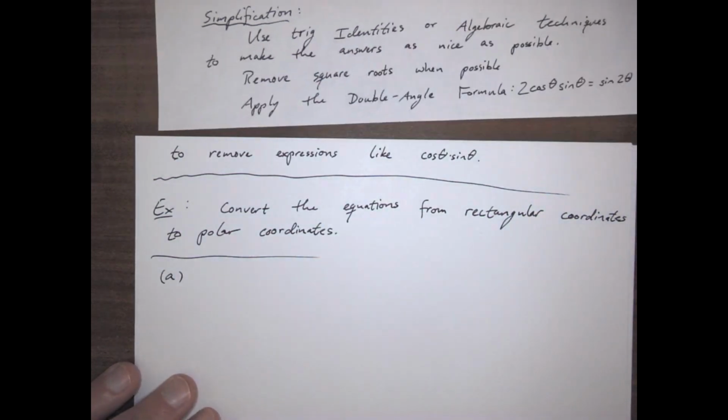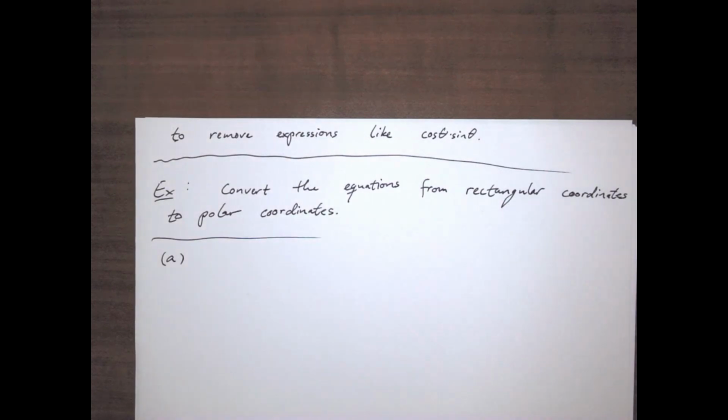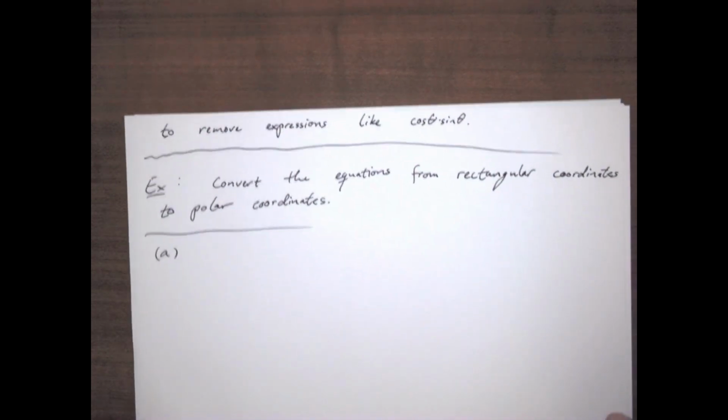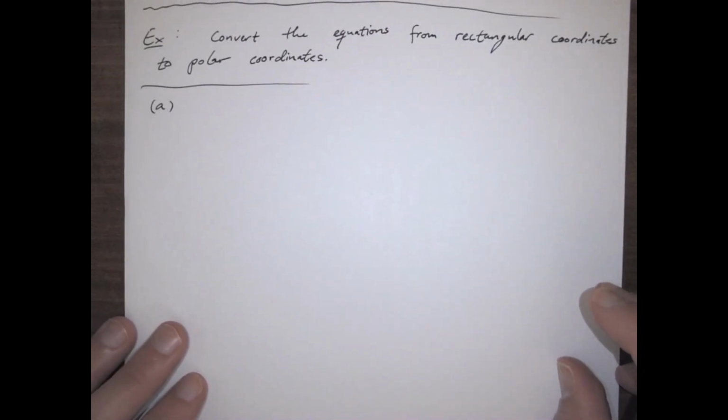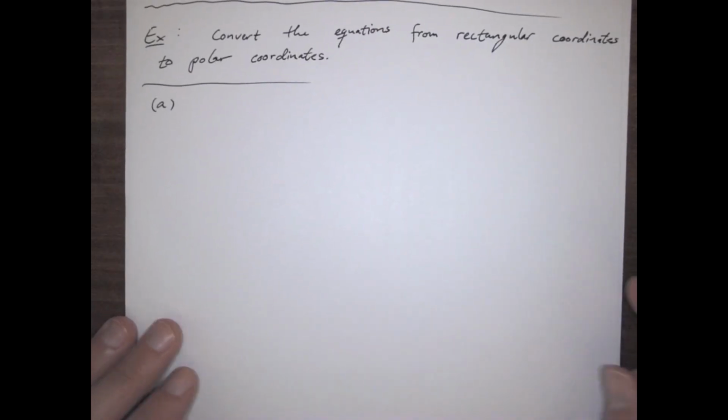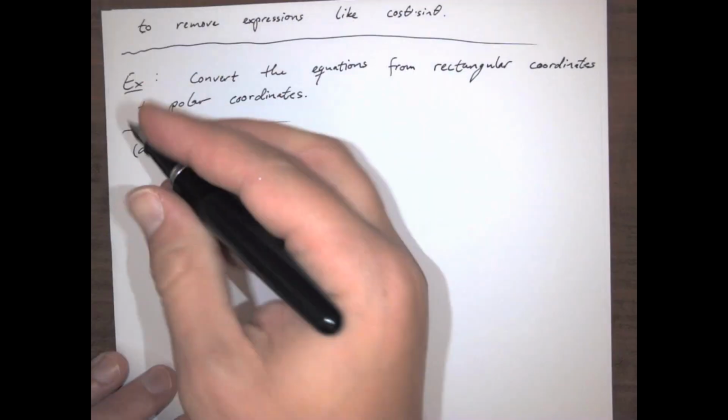The equations that we're going to start with are always going to involve x's and y's. The equations that we're going to end with will always involve r's and thetas. And so that's the game.